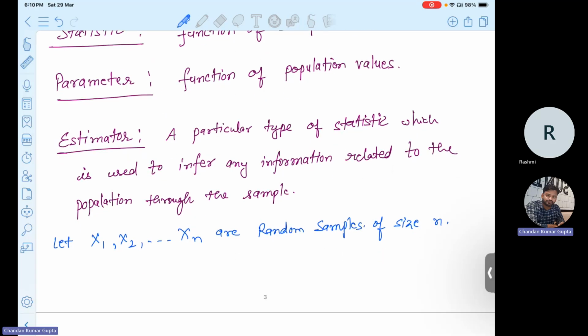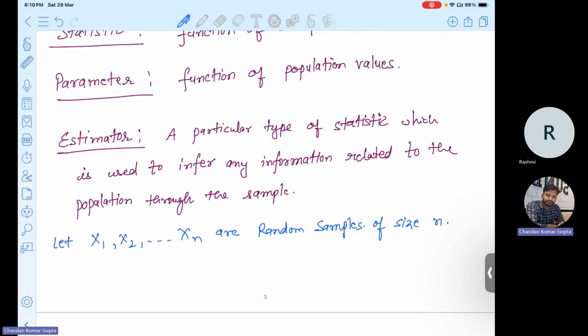And when we have the numerical values of those random samples, then we have a particular value or instance value for that particular estimator, and that value is called an estimate.